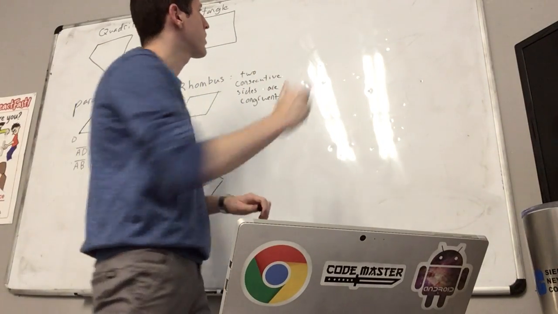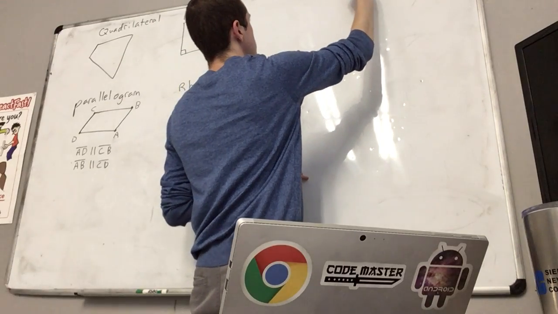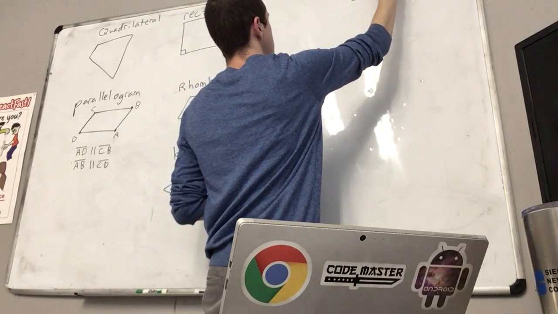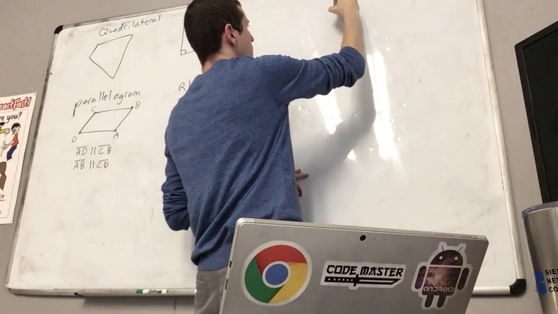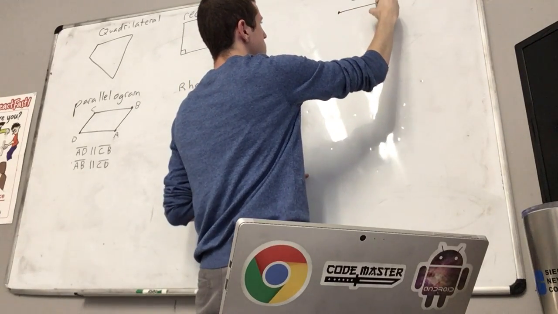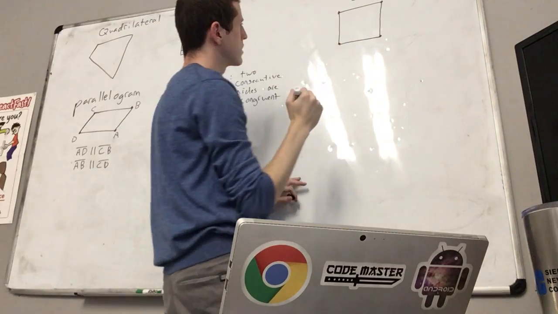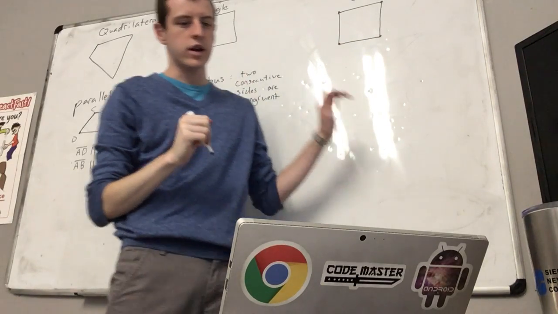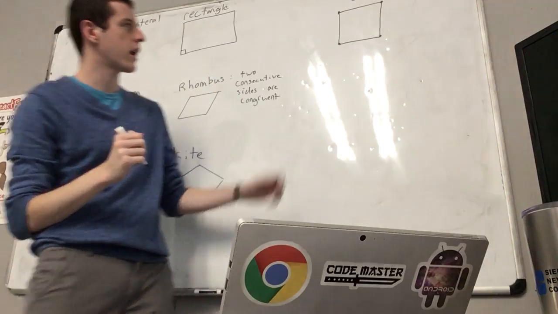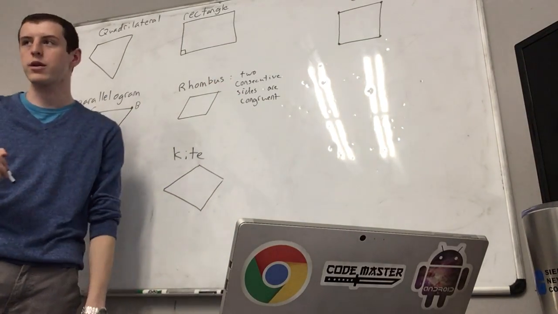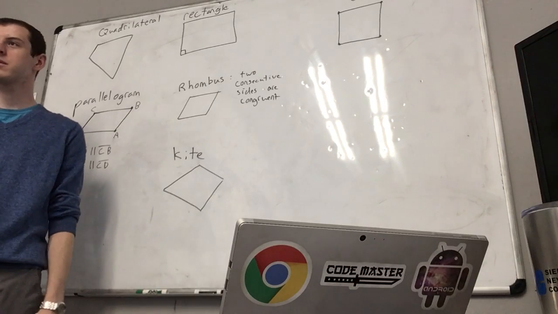Okay, our next couple are the easier ones you've probably already seen. Square. A square is a parallelogram that is technically both a rectangle and a rhombus at the same time. Okay?